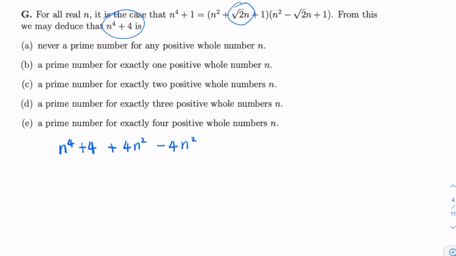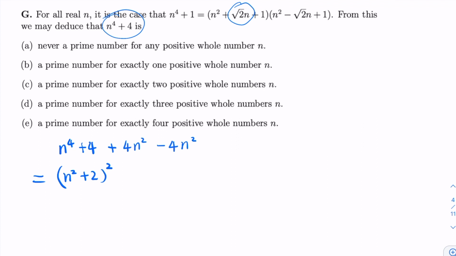So what do you have here? You want to complete the square here, right? So these two terms cancel. We add these two terms, and then for n to the fourth power, you want to complete the square. So n squared plus 2, you want to square it, right?